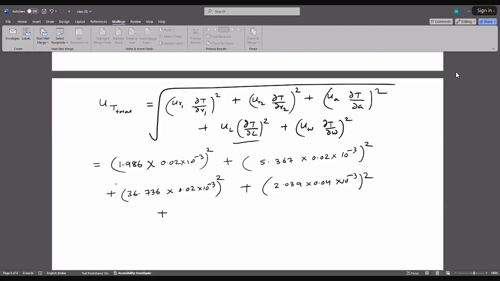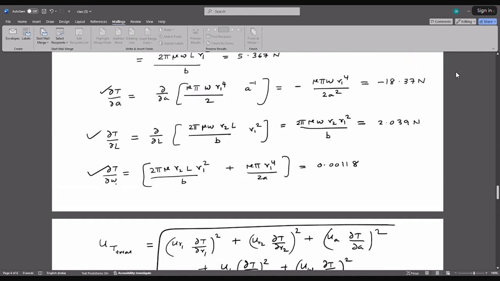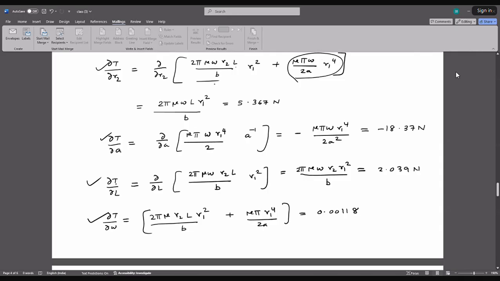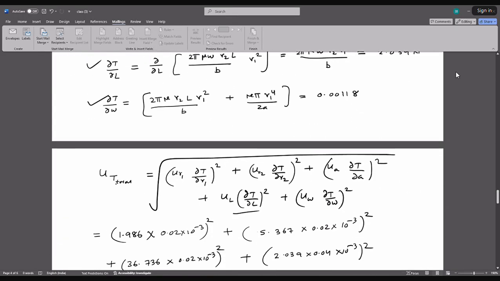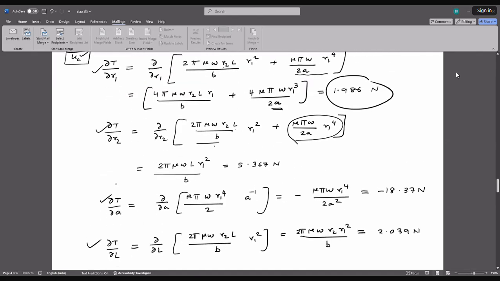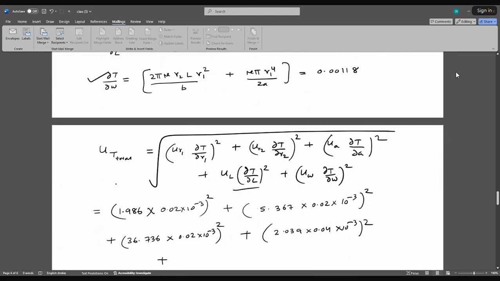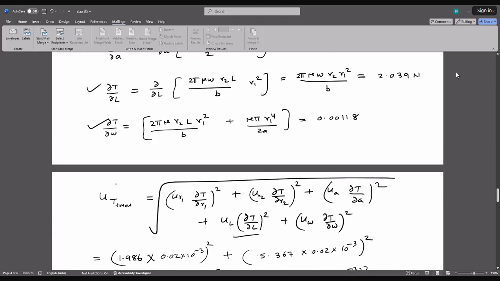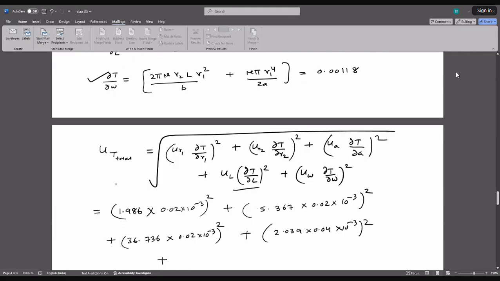Then we have UW, which is 5.367, then 18.37. 18.37 is ∂T over ∂A.